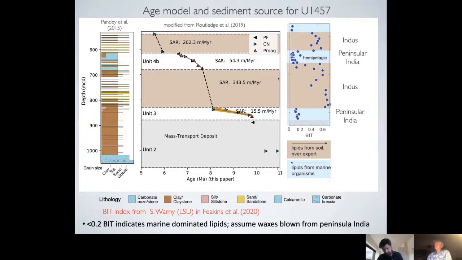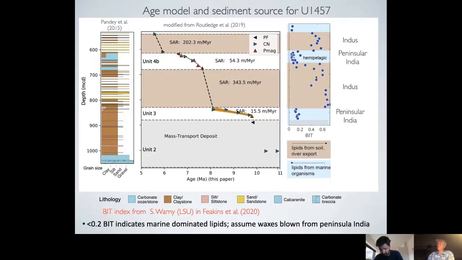And so when I was out there, I thought it'd be fun to look at the leaf wax data and the carbon isotopes. And so the graduate student who was out with us, Hannah Liddy, did this for her PhD thesis under the supervision of Sarah Feakins at the University of Southern California.